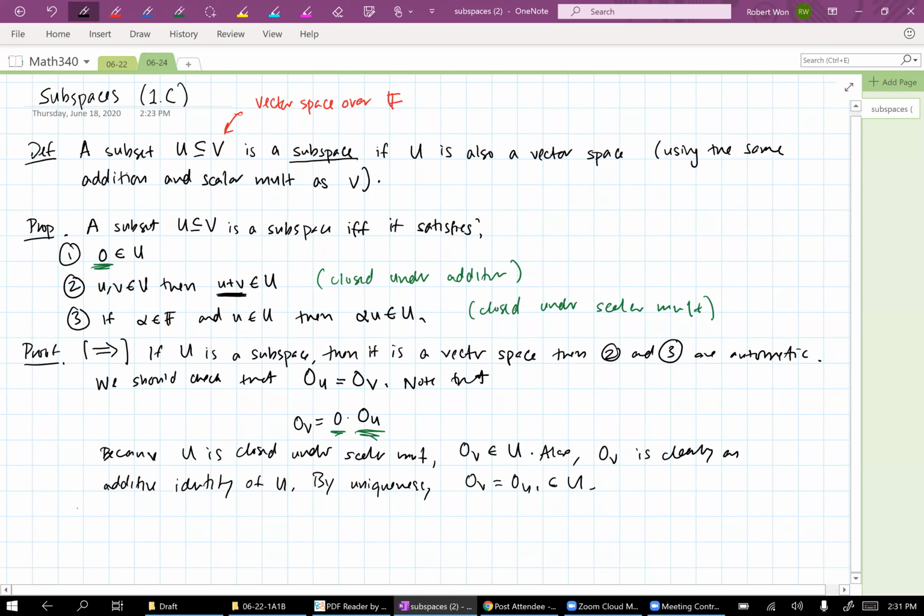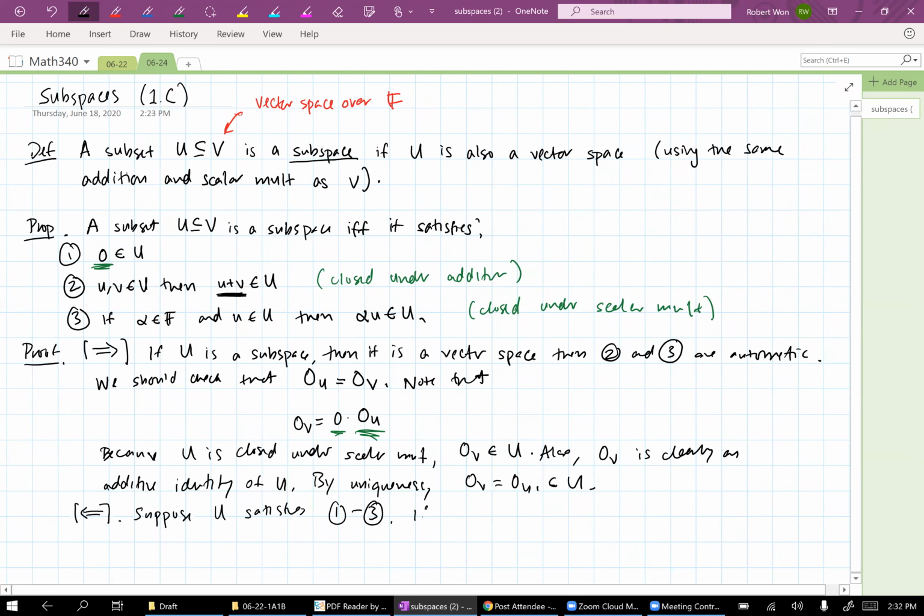Okay, what's the converse? So let's conversely suppose that U satisfies the three conditions. Suppose U satisfies 1 through 3. We need to show that it's a subspace.